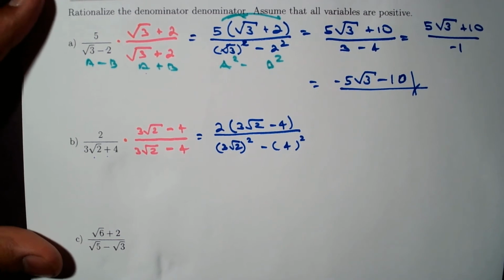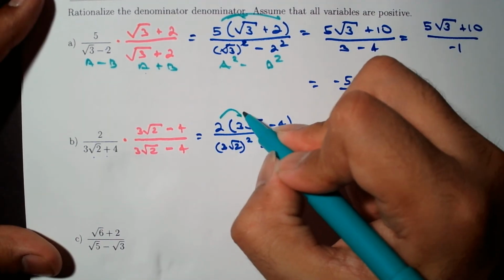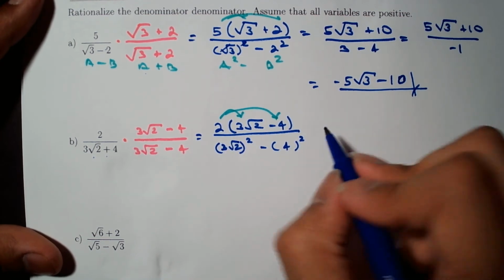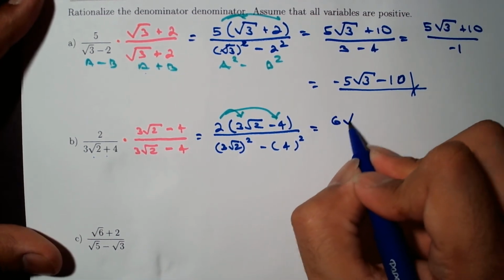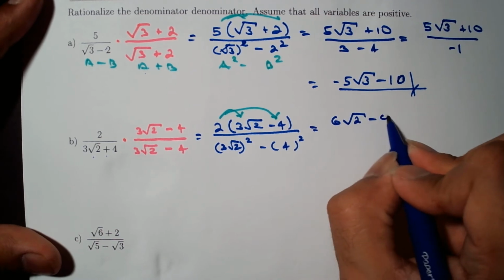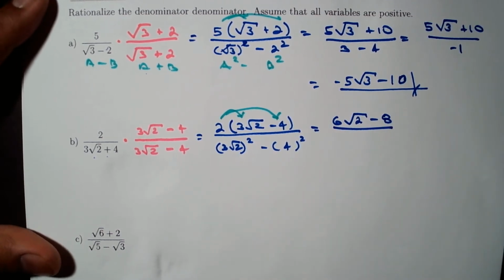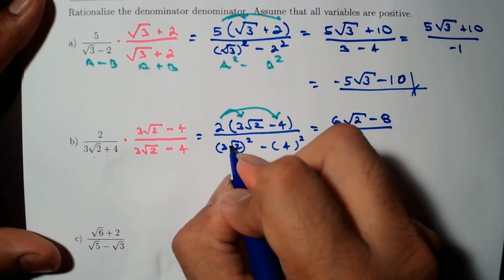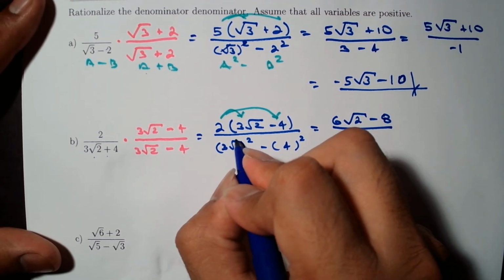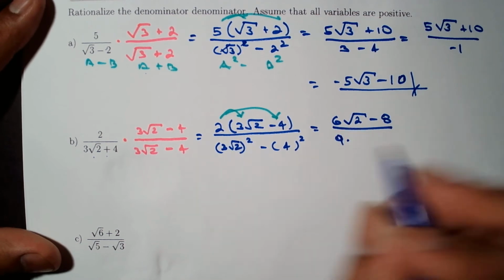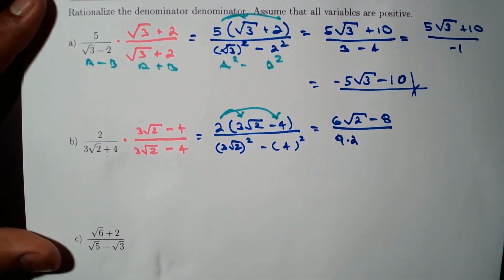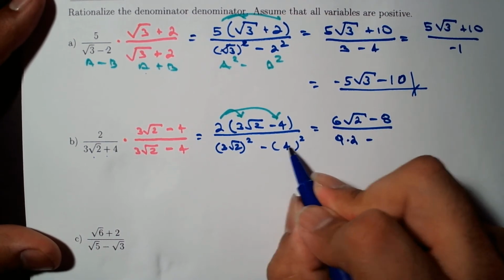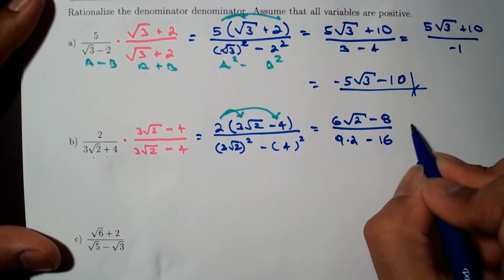So what are we going to do next? In the numerator, I'm going to distribute the 2. That's 2 times 3, which is 6 root of 2, minus 8. And then in the denominator, this is 3 squared, which is 9, times the root of 2 squared, which would cancel each other, leaving us with the 2 only. I'm going to multiply that by 2. Alright, so minus 4 squared, which is 16.